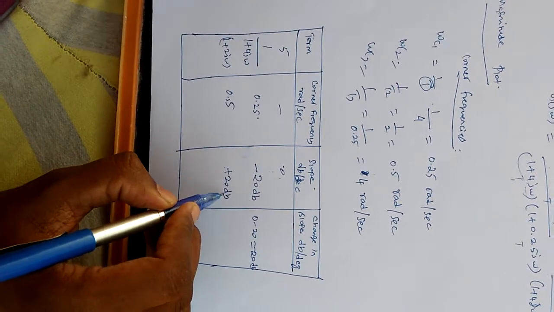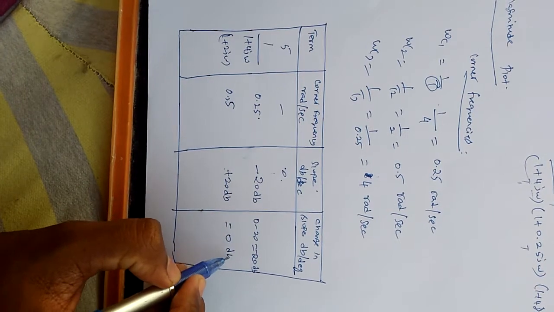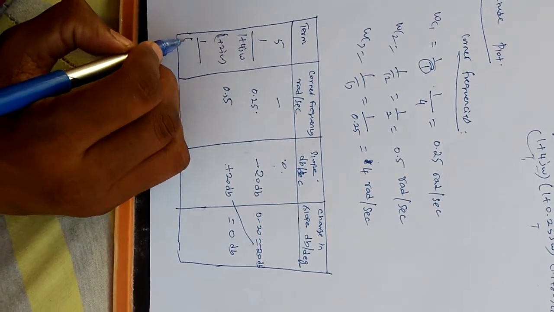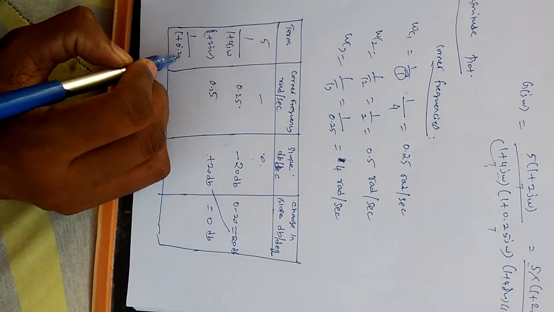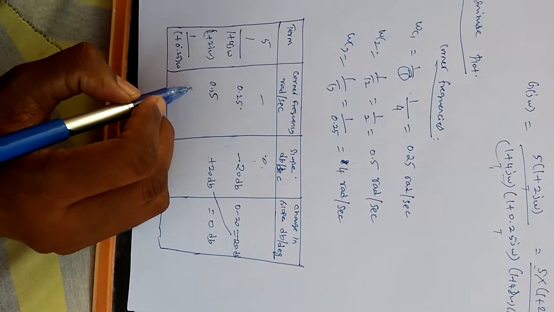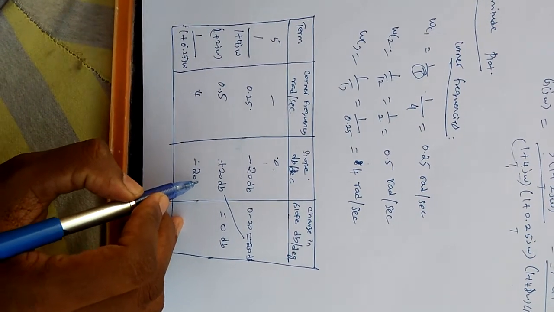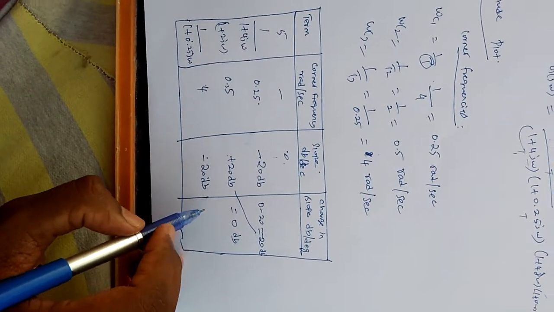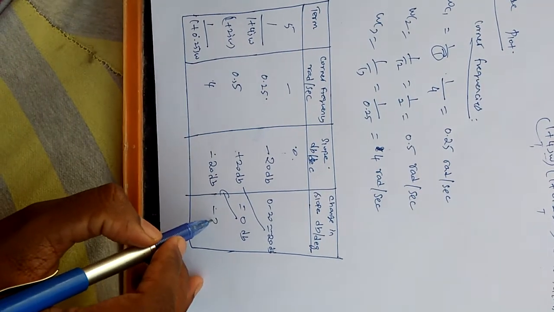If you add these two, you will get 0. The next term is 1 by (1 plus 0.25j omega). The corner frequency is 4 and the corresponding slope change is minus 20 decibel, because the j omega term is in the denominator. So the change in slope is 0 minus 20, which is minus 20 decibel.